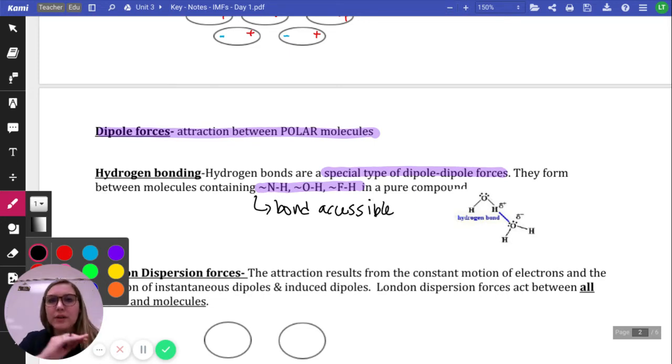If it's not accessible, it's not going to have hydrogen bonding, because we're not going to be able to get to that slightly negative region. Really, it's typically the oxygen. If you can't get to the oxygen, if it can't get that slightly negative charge, it can't be attracted to the slightly positive of something else. So that's really only for really long chains of carbon.